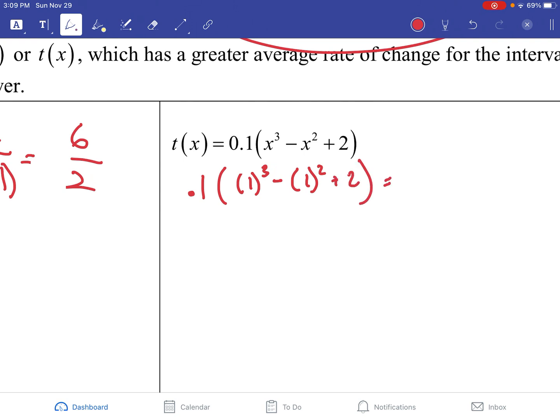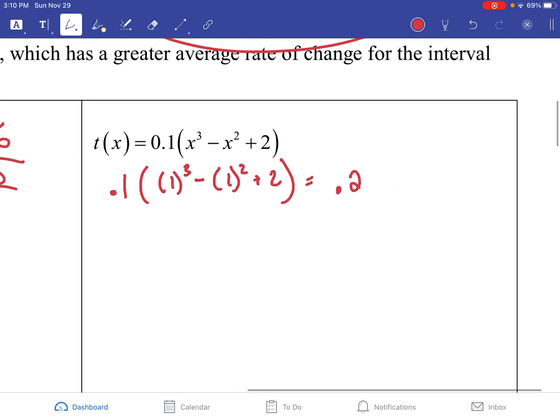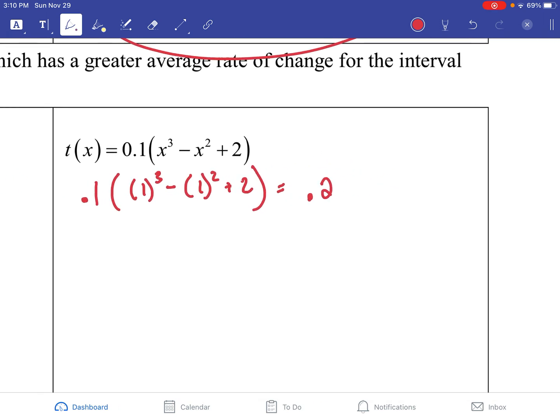Okay, and that gives us, if we put it in our handy dandy calculator, 1 cubed minus 1 squared plus 2 is 2, and then times 0.1 is 0.2. So this is 0.2. Okay, so our point then will be 1 comma 0.2. Okay, 1 coming from the one we put in for the x's.